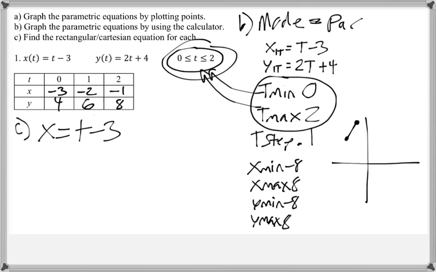So I'm going to isolate for t. So t is equal to x plus 3 if you move 3 to the other side. And now I want to substitute in the other equation.